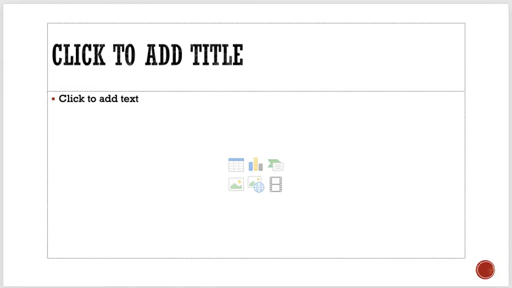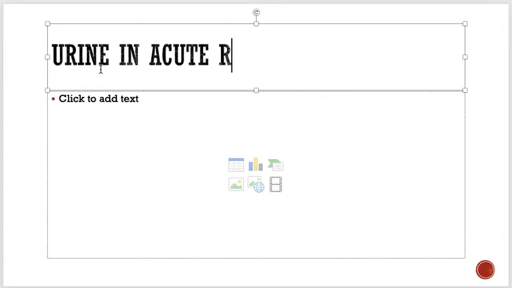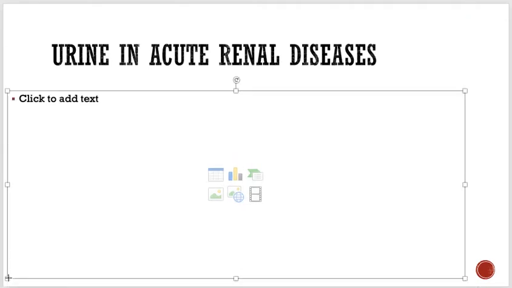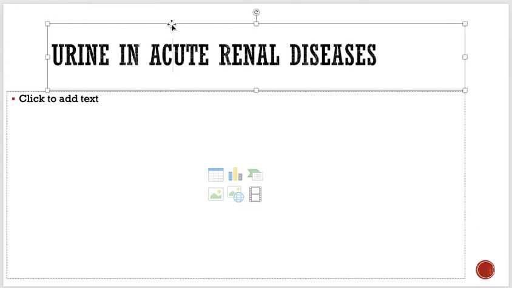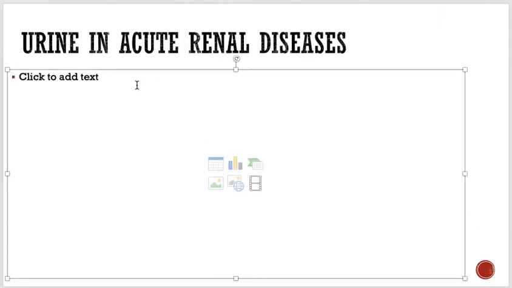The last point, guys, which I wanted to talk about in renal patients, is basically the urine in acute renal diseases, because there are many diseases. Of course, you don't know about the renal diseases right now because you haven't done internal medicine, but there are many renal conditions in which these things can occur. So why is this important?